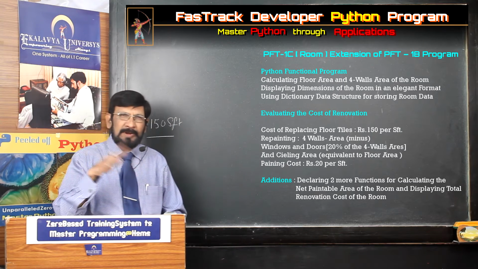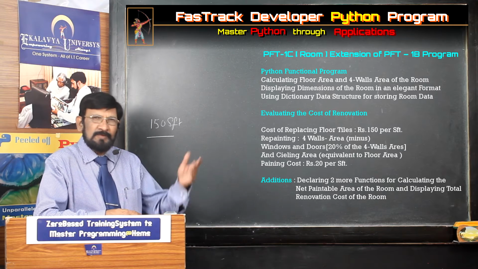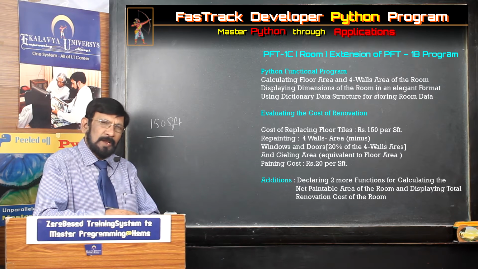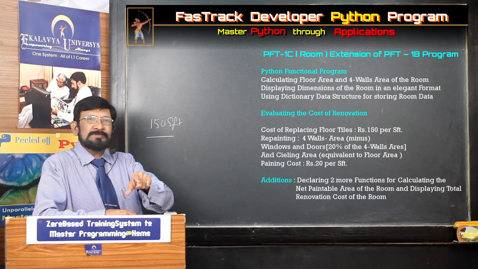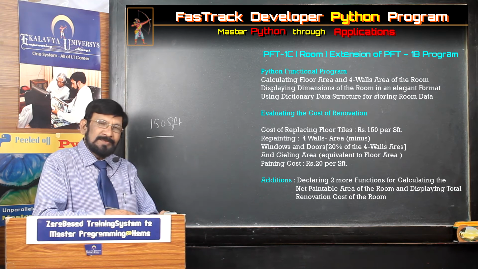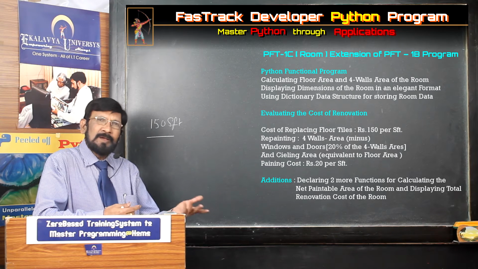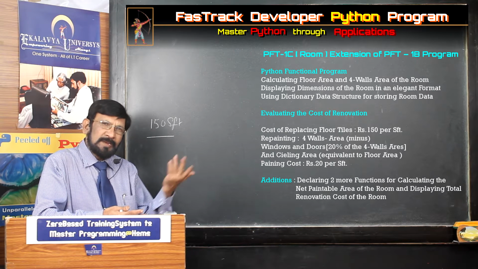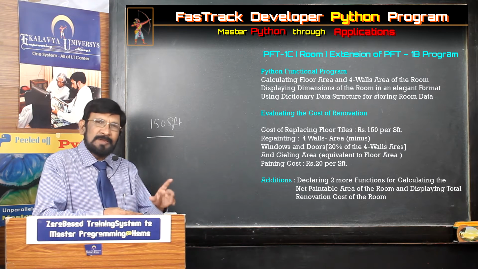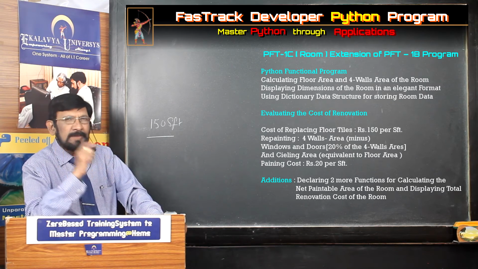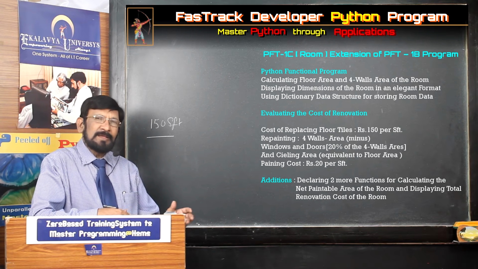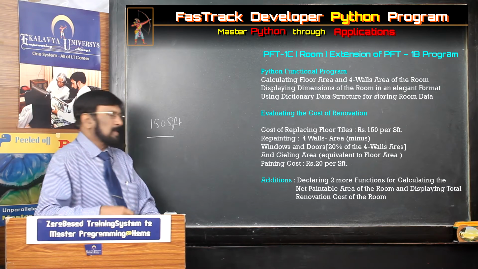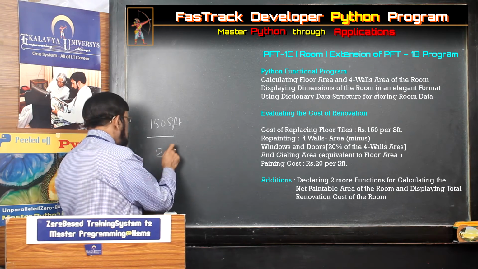You need not depend on somebody's stale formula. You create your own formula. 80% of the four walls area plus ceiling area. What is ceiling? How can you calculate the ceiling area? Floor area is equivalent to ceiling. Any room you take, floor and ceiling have the same areas. So if you add the floor area, that is the ceiling area, that is the total paintable area. Total paintable area then into 20.